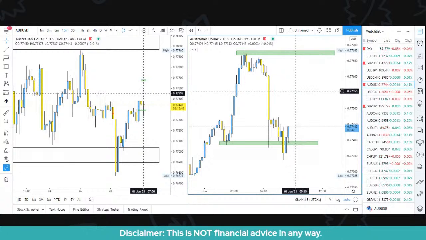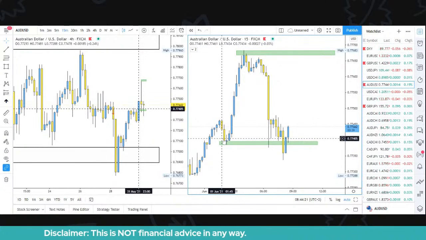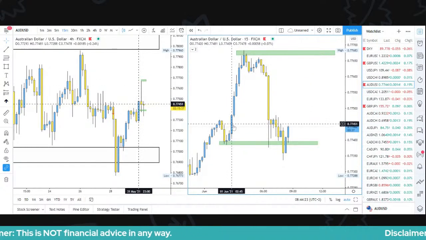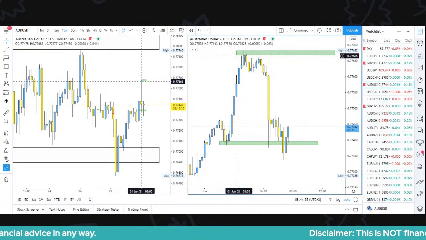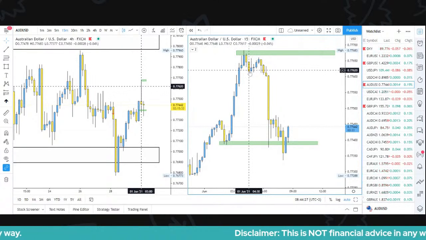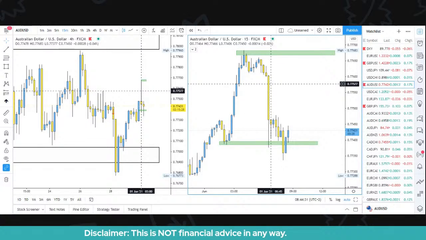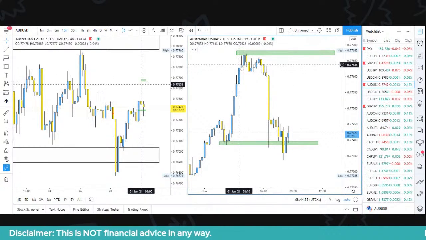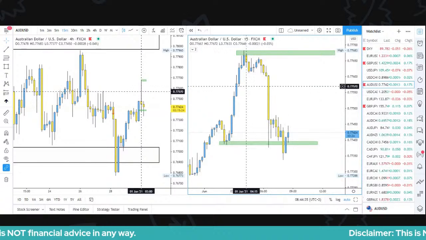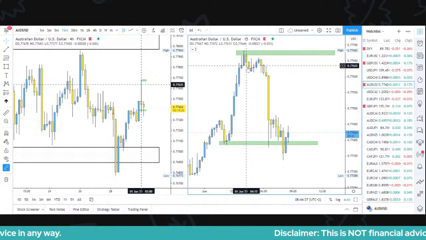Now looking at it through market flow, we had a bullish push, which shows impulse push in nature. We then had two bearish candles. I wouldn't consider that to be corrective in nature.